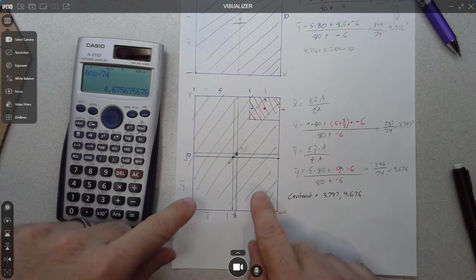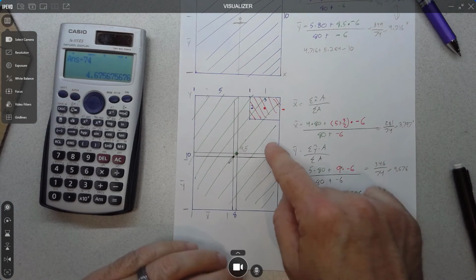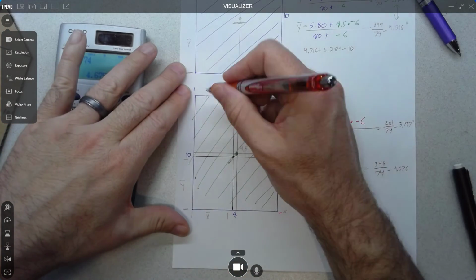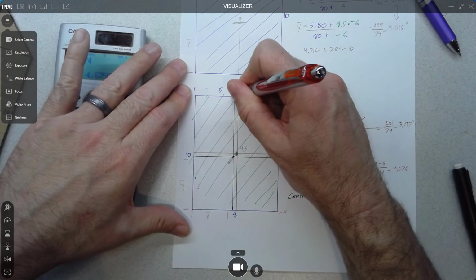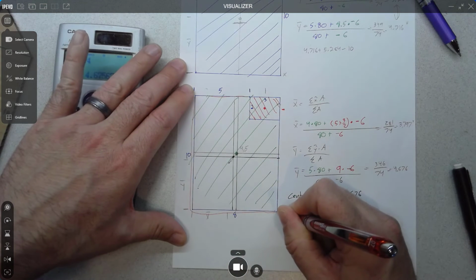Okay, let's look at the same one last way now. We were trying to find the centroid of the composite shape. It's roughly in this orange shape, right?